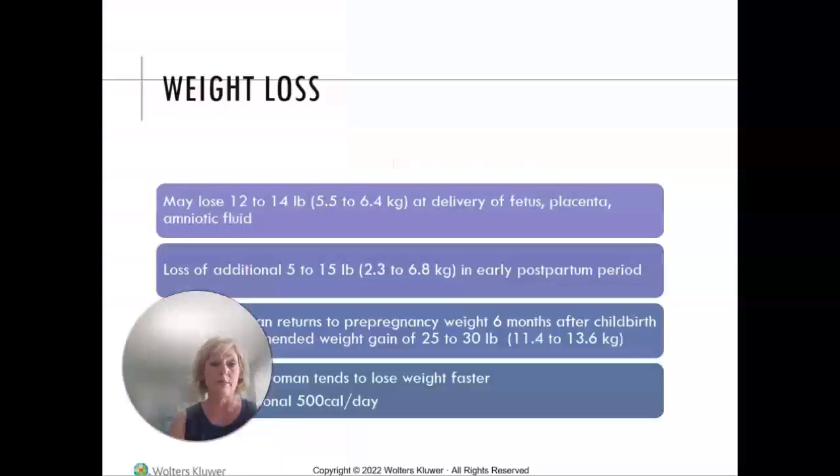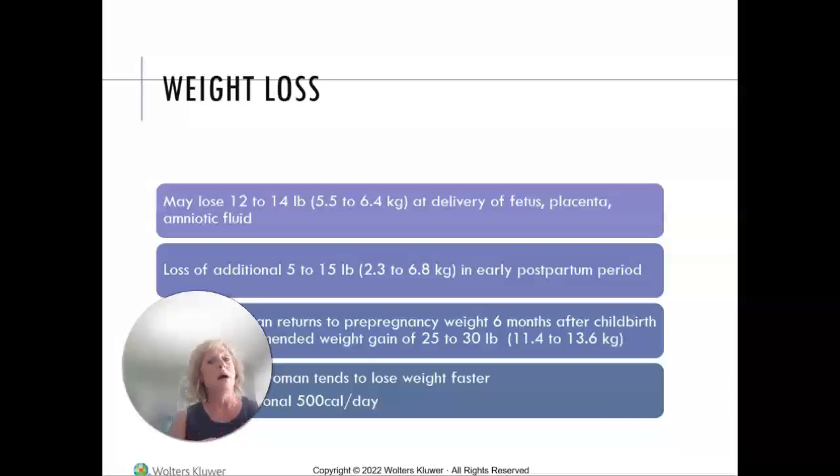As far as weight loss, a lot of moms right after delivery are going to lose about 12 to 14 pounds right at delivery, because you think about the baby, the placenta, the amniotic fluid, and the diuresing. They will lose that 12 to 14 pounds. The additional 5 to 15 pounds they usually lose in the early postpartum period.